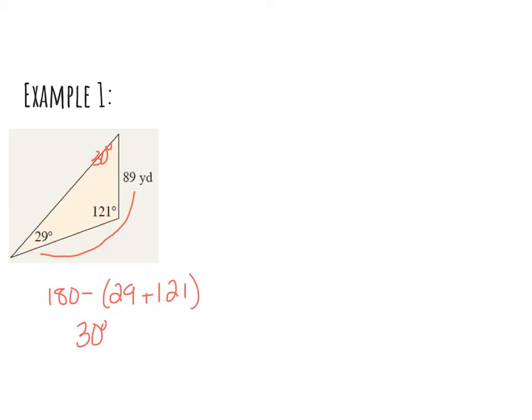Again, for law of sines, we need to know one complete ratio, so we need to know the angle and its side opposite. That's always going to be our starting position. So to get started here, we're going to set that ratio up. Sine of 29 is to 89, which is its opposite side. Let's start by finding our value for x. So we'll set that up.